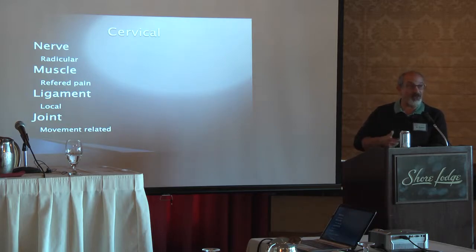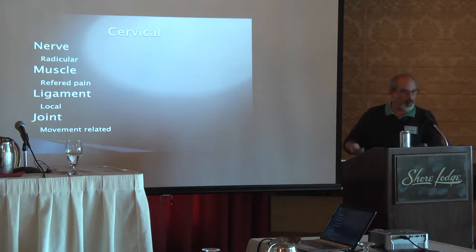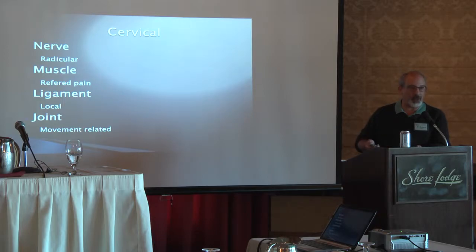But they both have fairly stereotypic distributions. Ligament pains are local, so when we push on people and examine them, they tell us where it hurts. And joint pain occurs when you move the joint. If you're not moving the joint, typically you don't have a joint problem.